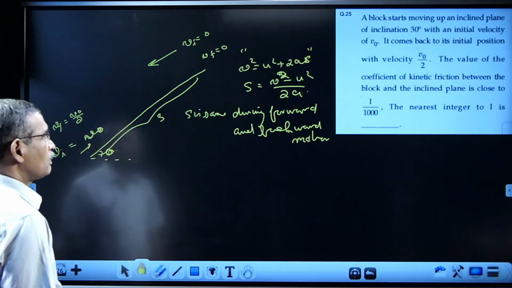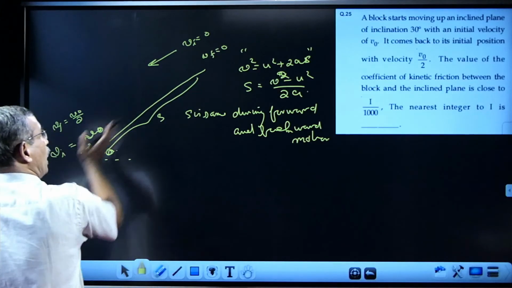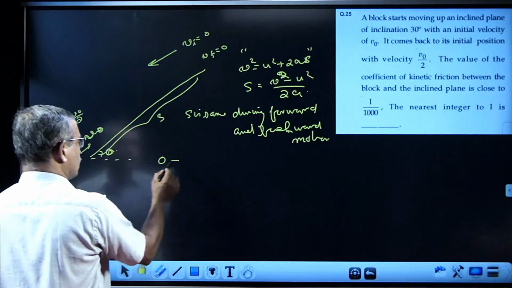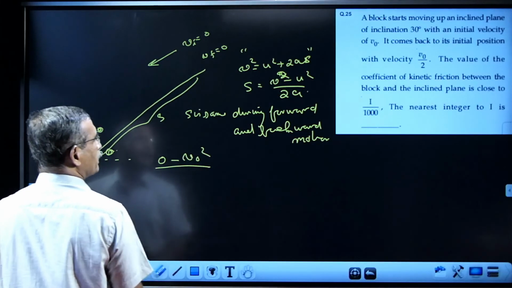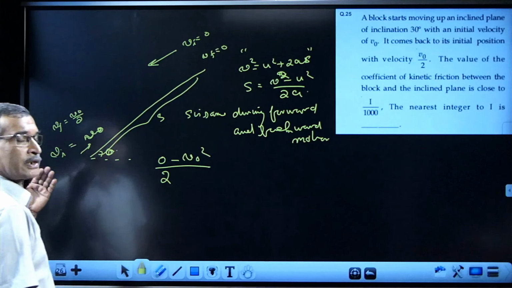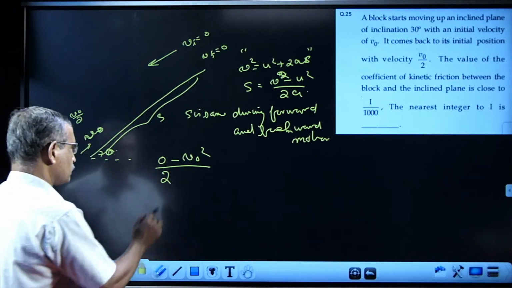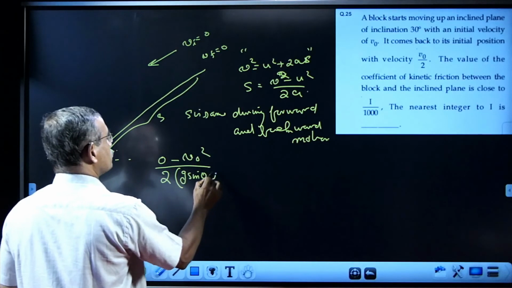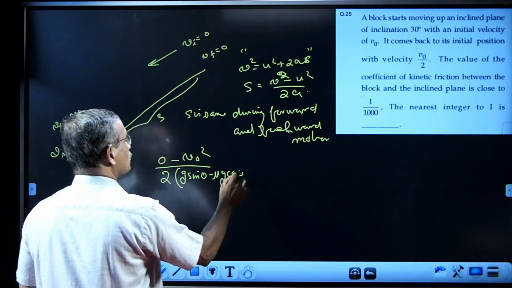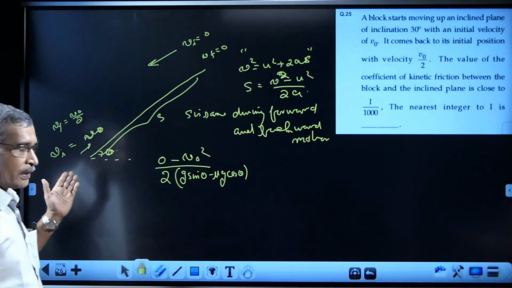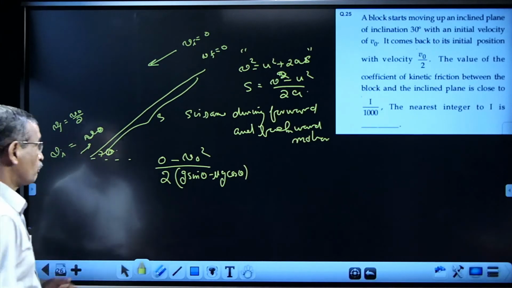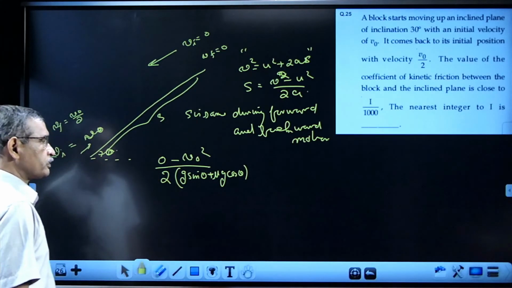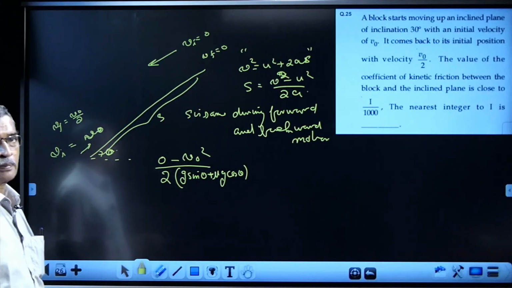For the forward motion, when it moves up, the final velocity is 0, so 0 minus initial velocity v0 square by 2 into the acceleration. What is the acceleration when a body moves up an inclined plane? It is g sin theta plus mu g cos theta when it moves up.